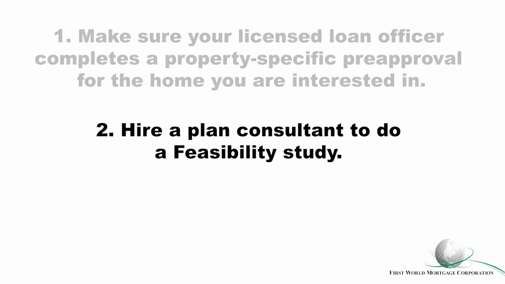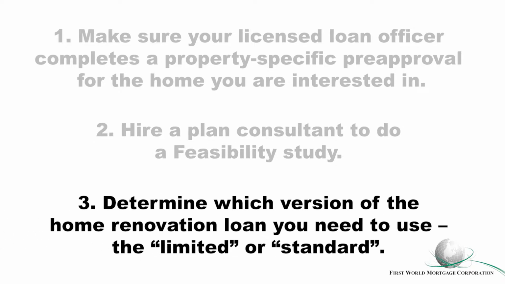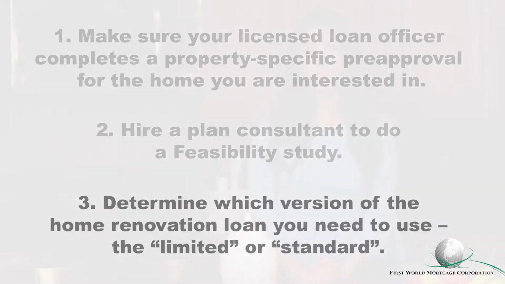Another reason to have a plan consultant involved early on is to determine which version of the home renovation loan you need to use, the limited or the standard. The limited version does not allow for structural work and total rehab costs cannot exceed $35,000, whereas the standard version allows for structural repairs and rehab costs to exceed $35,000.